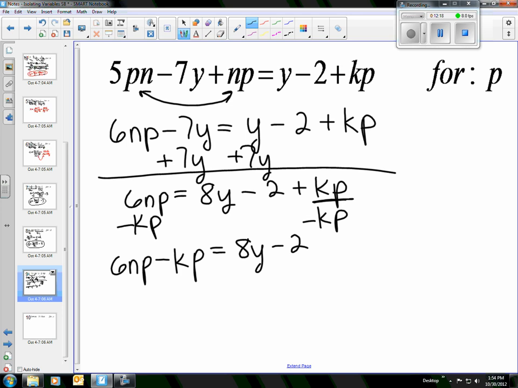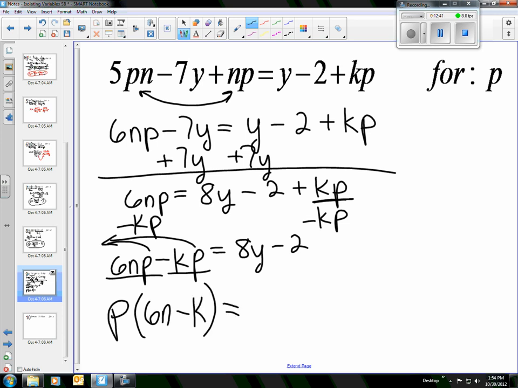So the strategy here now to get p by itself, we're going to use the reverse distributive property. So we find that the common factor between this term and this term is a p. So what we do is we pull out the p here from both of these, and we write that out front, and we create a set of parentheses here, leaving behind what is left behind. So here, 6n minus k is what you would be left behind if you pull out the p.